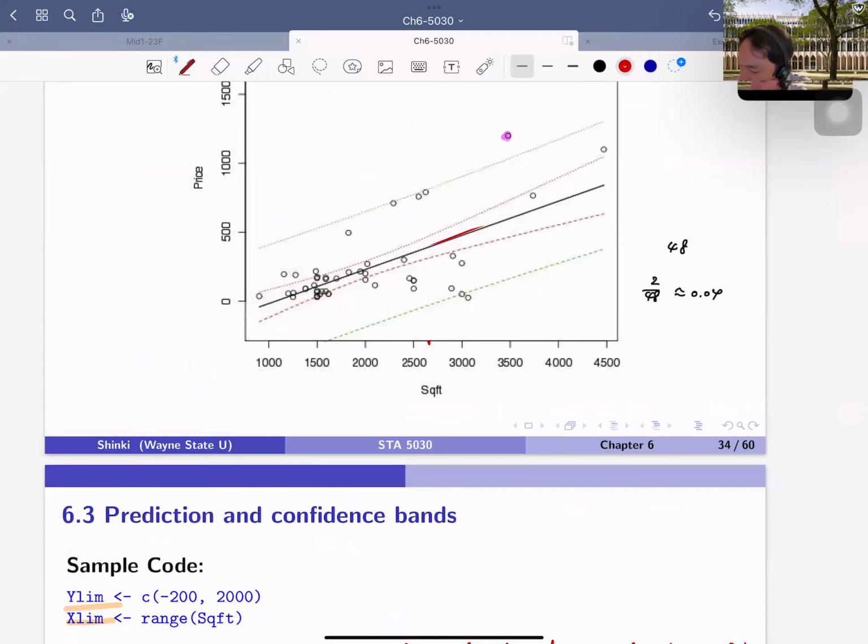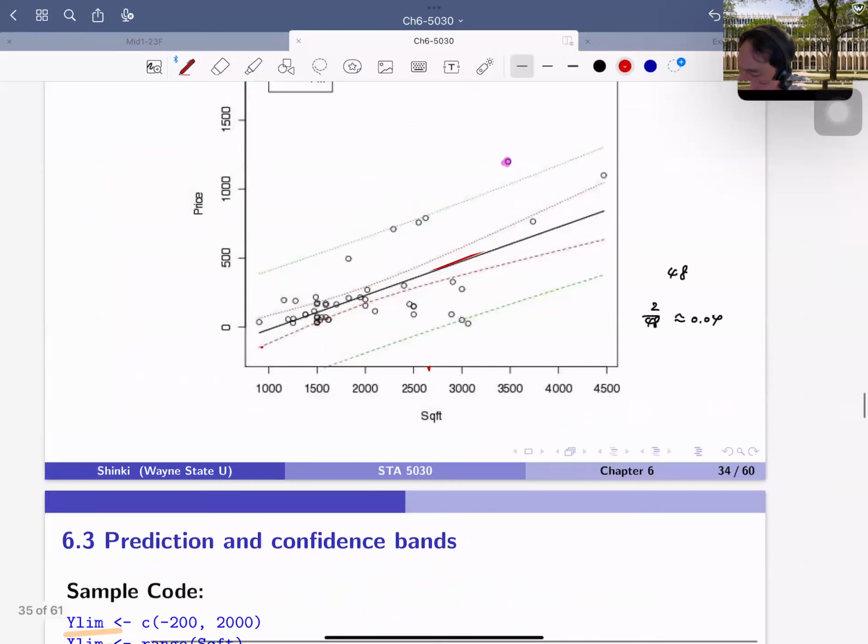For example, for this lower confidence band, we randomly connect 48 points: we connect this to this, then this to this, then go back to this, and back to this.